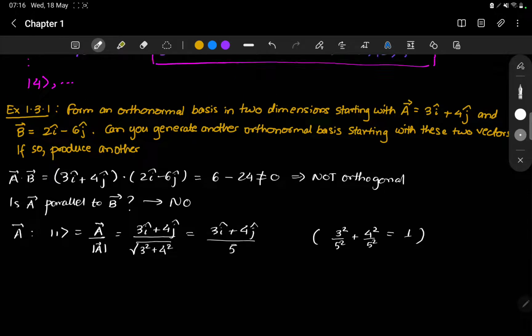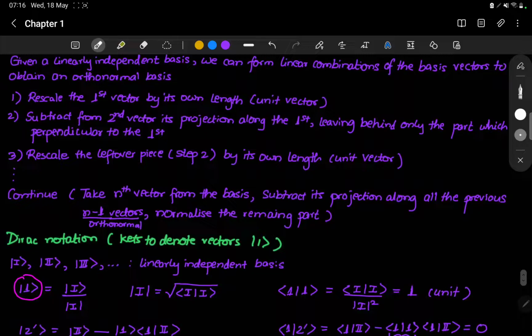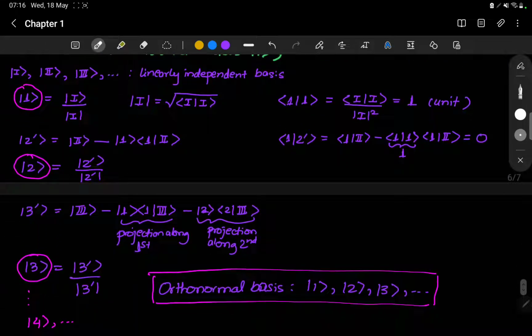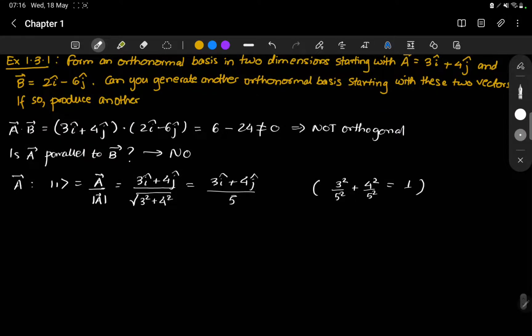To get the second vector, what did our procedure say? Our procedure said subtract from the second vector its projection along the first, leaving behind only the part which is perpendicular to the first. So we take the second vector B, and then we subtract the projection of B along the first vector.